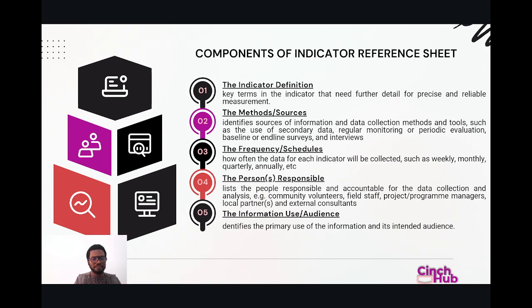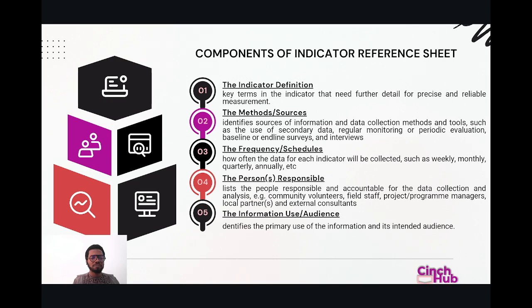So there are different kinds of indicators. A reference sheet of an indicator is just a document that encompasses these five components I just mentioned. However, there could be more than five, but these are the five key components that should be clearly stated on the reference sheet, and that will guide the person collecting the data.